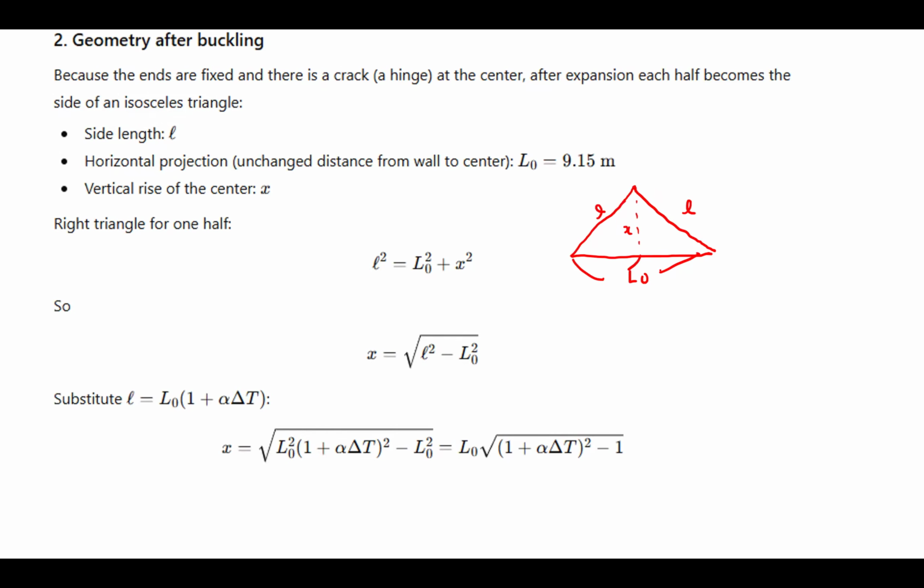This is the L0, from here to here is L0, and here to here is L0. Okay, so in this triangle, you have this one, and then you get these equations, and eventually you get this x.